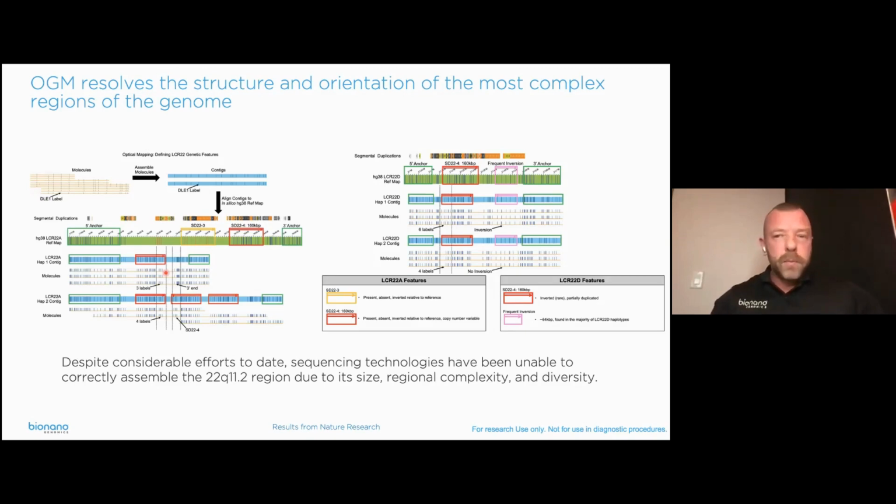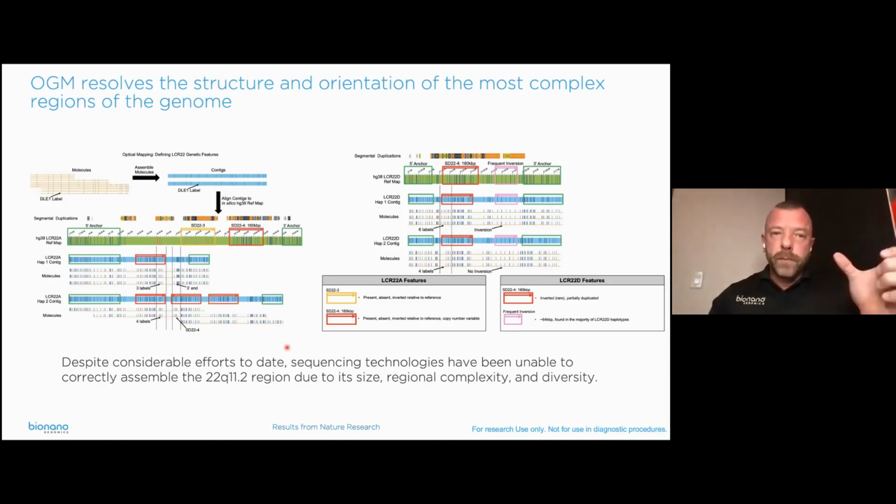And standard methods, even long-read sequencing methods, cannot sequence through these segmental duplications. But because of Bionano's megabase size molecules, they were able to perfectly characterize these complex repeats on single molecules and learn a lot about the variants that may or may not cause this disease in the patients in the first place.